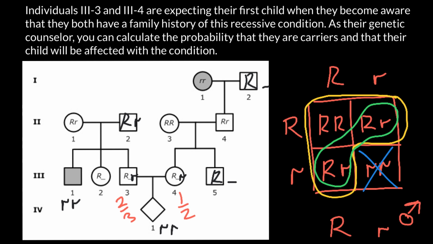So now we just have to multiply all these probabilities: 2/3 multiplied by 1/2 and multiplied by 1/4, the probability for the child, if both parents are heterozygous, to be affected. 2/3 multiplied by 1/2 is going to be 2/6, or 1/3, and multiplied by 1/4 we are going to get 1/12. And this is going to be our answer today.